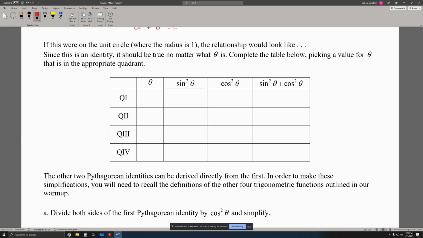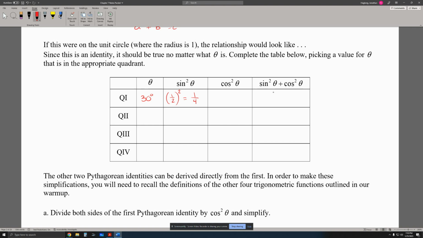If I were to choose some values theta, and then evaluate the sine and cosine of each, square them, and then take the sum, what would I expect it to be equal to? Well, let's choose some values. In quadrant 1, let's choose 30 degrees. Sine of 30 degrees is 1/2, and if we square it, that is equal to 1 squared over 2 squared, or 1/4.